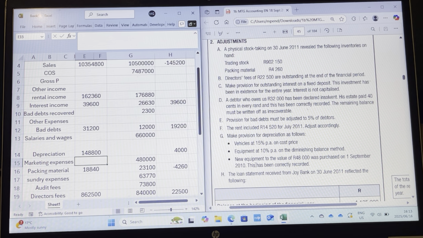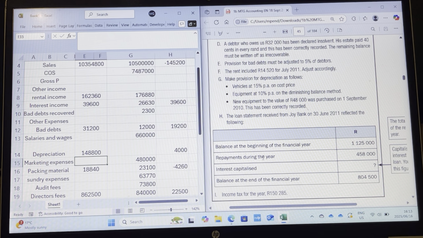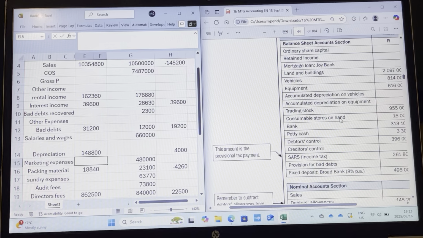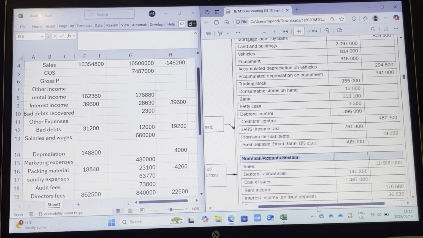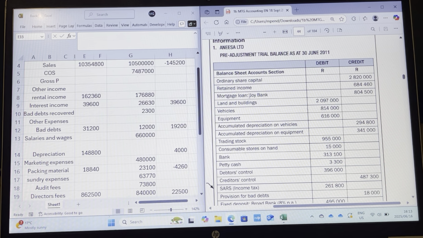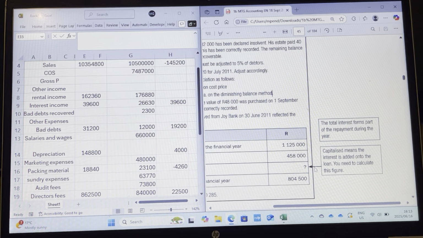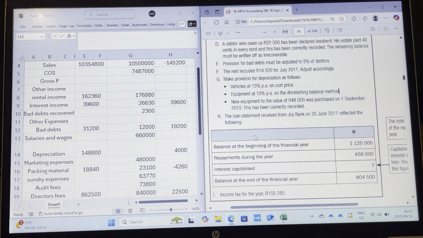Okay, moving on. We have the final adjustment, which tells us that we have a loan statement received from Joy Bank on 30 June 2011, which reflects the following. The balance at the beginning of the financial year. Let's just confirm this balance. Let's look at our mortgage loan. It's 804, it is not 1 million, so I'm guessing this is for another loan.